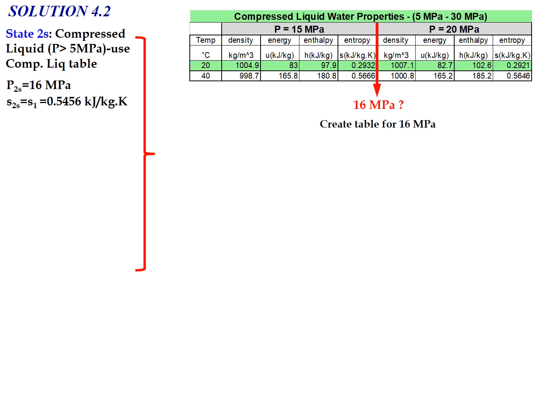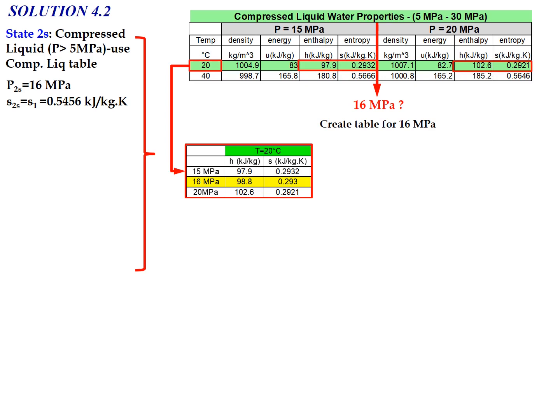Okay, so we need to create our own table for 16 megapascal. So now we need to extract data in terms of enthalpy and also entropy for pressure of 15 megapascal and also 20 megapascal at temperature of 20 degrees Celsius, as shown in the table.